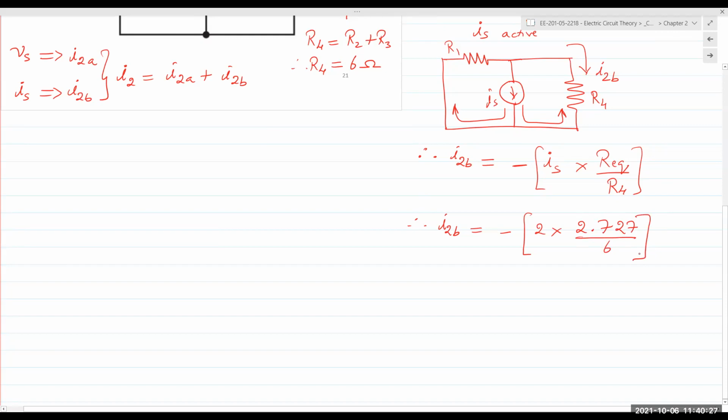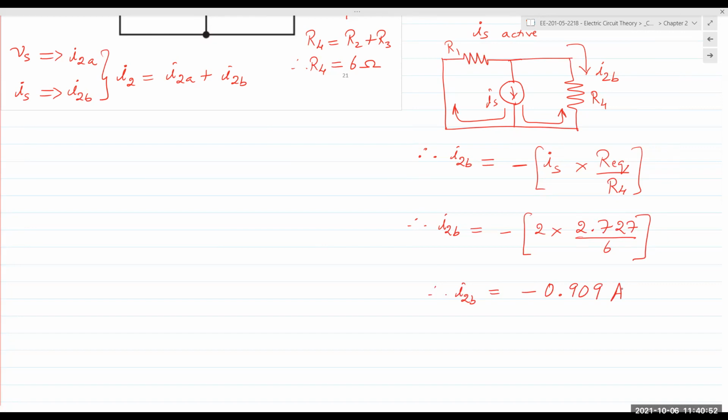Anyone want to guess what the answer is? It's minus 0.909.